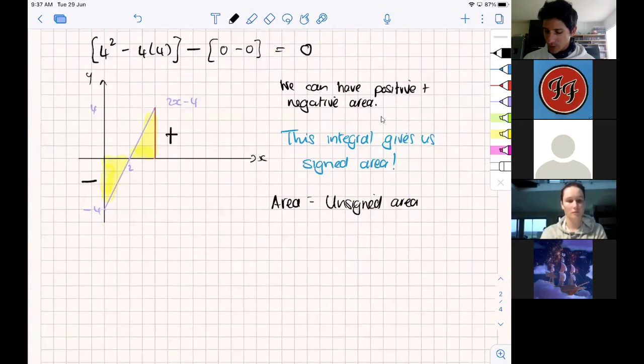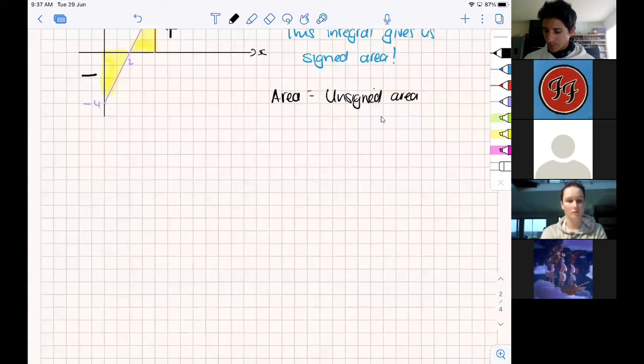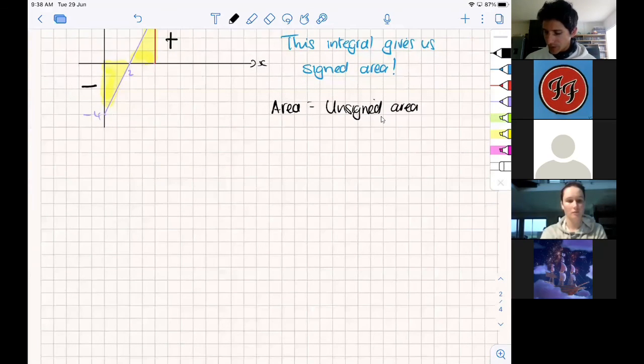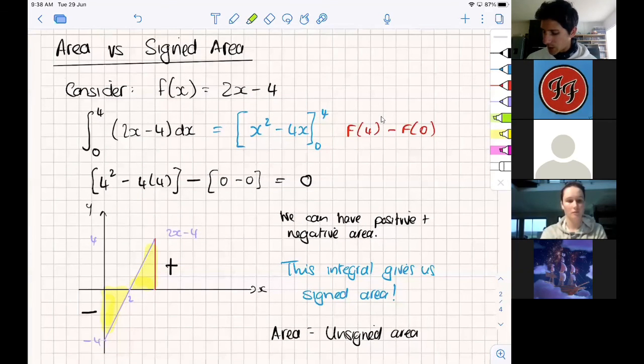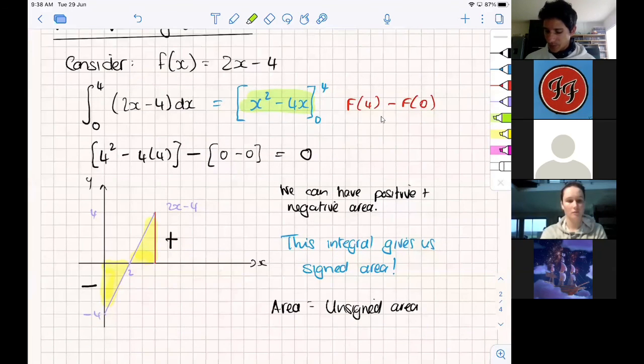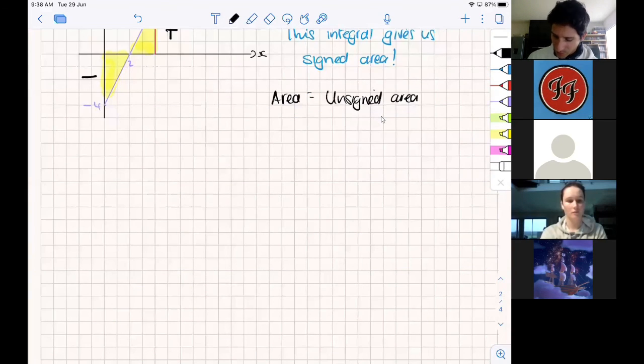So what we can do is very quickly draw this graph. If we take the primitive function, in other words, the displacement function, it is going to be x squared minus 4x. So I can very quickly just draw that for you.